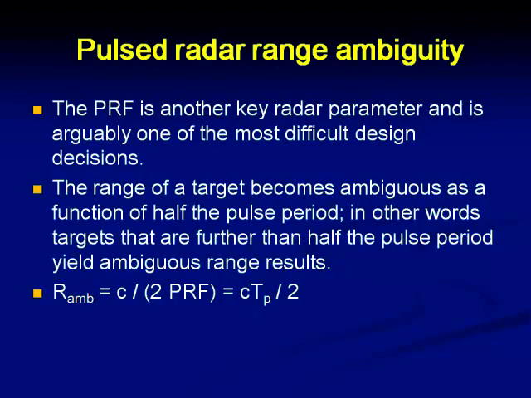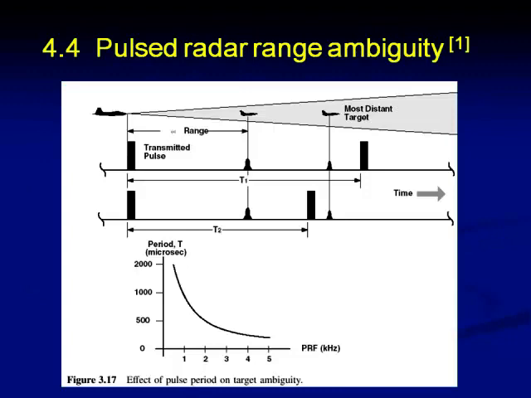So R ambiguous is C by 2 times PRF, or C times TP by 2. This diagram clearly indicates the radar range ambiguity that is likely to be there. From this diagram we shall try to understand what we mean by range ambiguity.